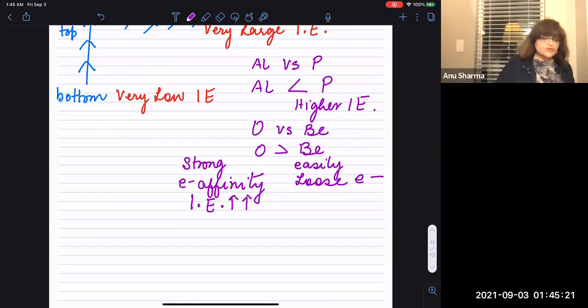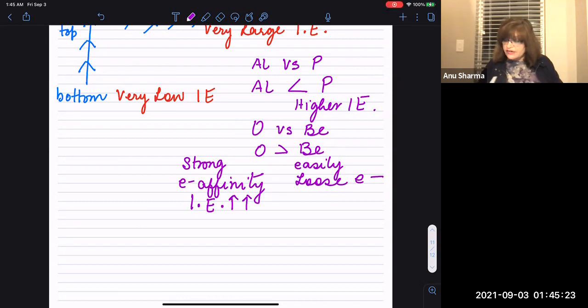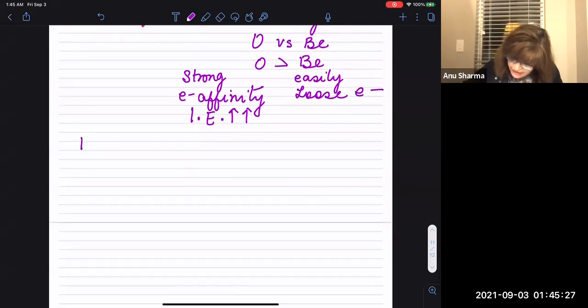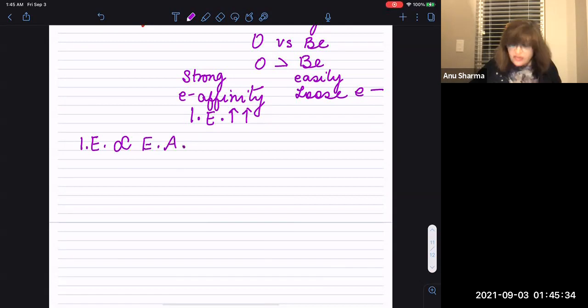So ionization energy and electron affinity relate to each other.